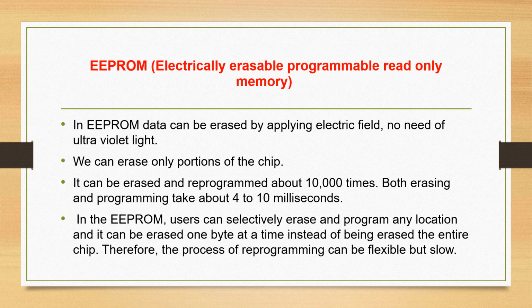This can be erased and reprogrammed about 1000 times. Both erasing and programming take about 4 to 10 milliseconds each time we reprogram and erase the data. In electrically erasable programmable read-only memory, the users can selectively erase and program any location.